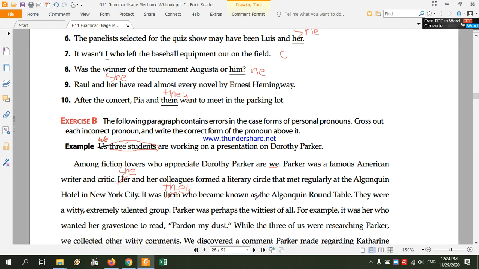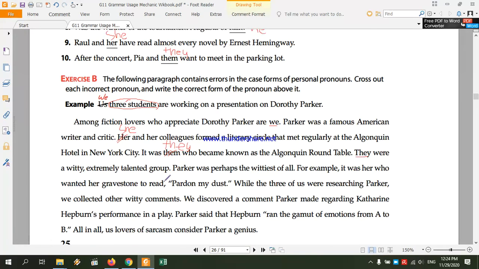It became known as the Algonquin Round Table. They, this is correct, they were a witty, extremely talented group. Parker was perhaps the wittiest of all. For example, it was her, it should be it was she, who wanted her gravestone to read, "Pardon my dust."